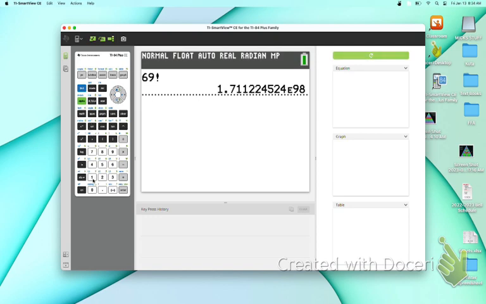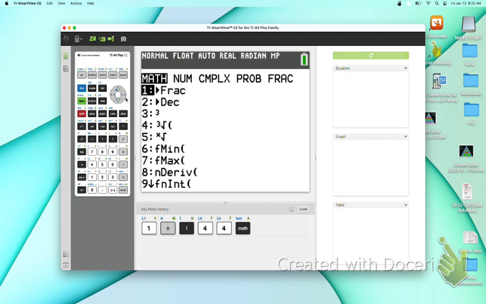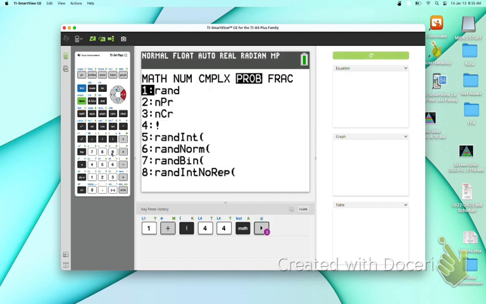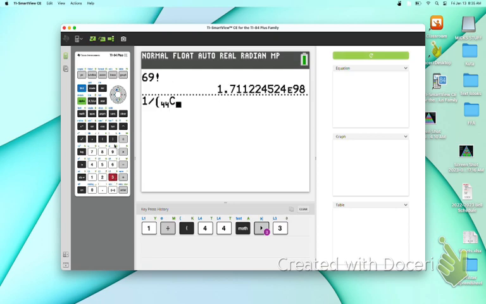So you have to put 1 divided by parenthesis, and you put your first number in. It was 44, right? So you put 44. And then go math over to probability, 3. See the nCr? Yeah. So 3. And we're choosing how many? 6, not 4. And your parenthesis. It shouldn't need the parenthesis, but who knows?